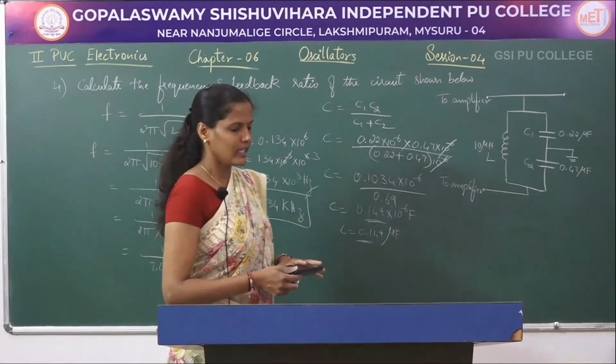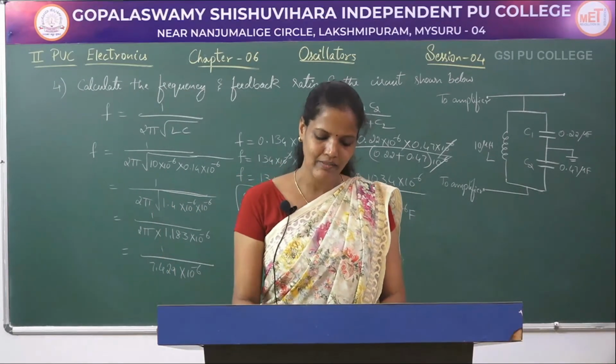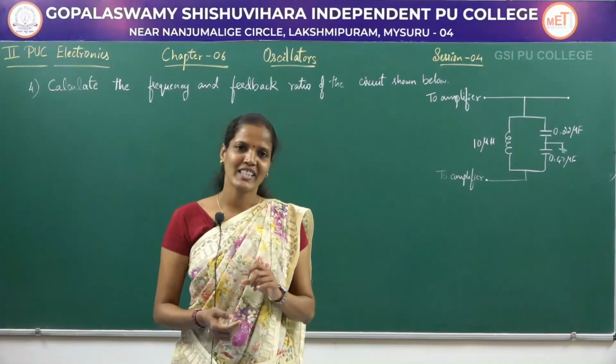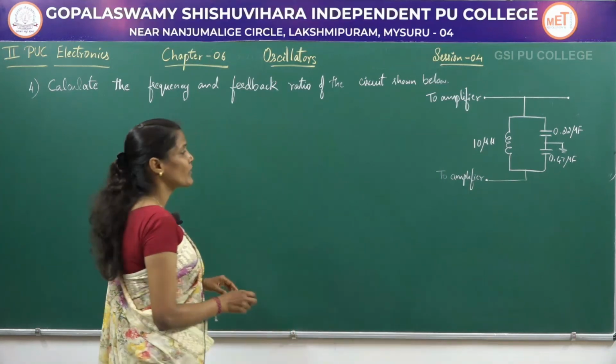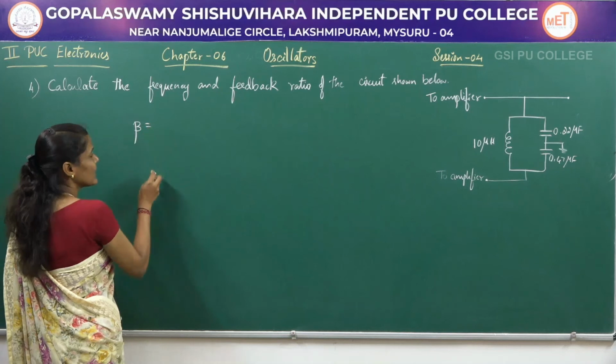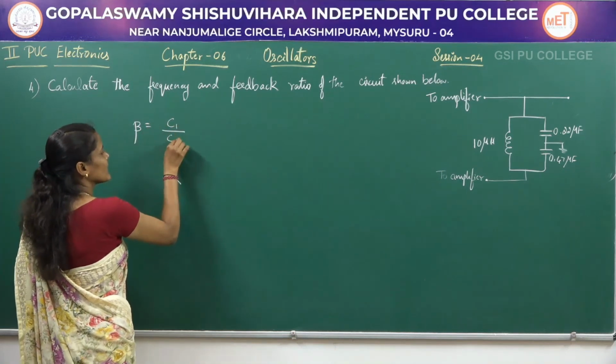where C1, C2 and L values are given. You have to find out the frequency. So, we have found out the frequency. Now, we have to find out the feedback ratio of this Colpitts oscillator. So, feedback ratio, which is nothing but beta, equals C1 divided by C2.